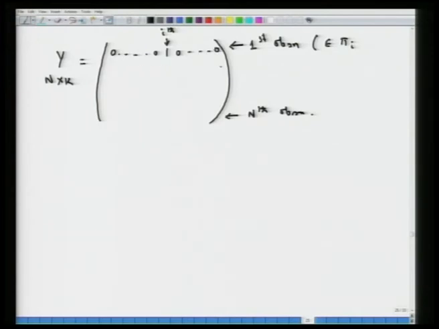Similarly, for the second observation, if it belongs to some pi i prime, then at the i prime position this row vector will contain the 1 entry and all other positions will have 0 entries. So, each of these rows is based on those y1, y2, yk, the k indicator variables.